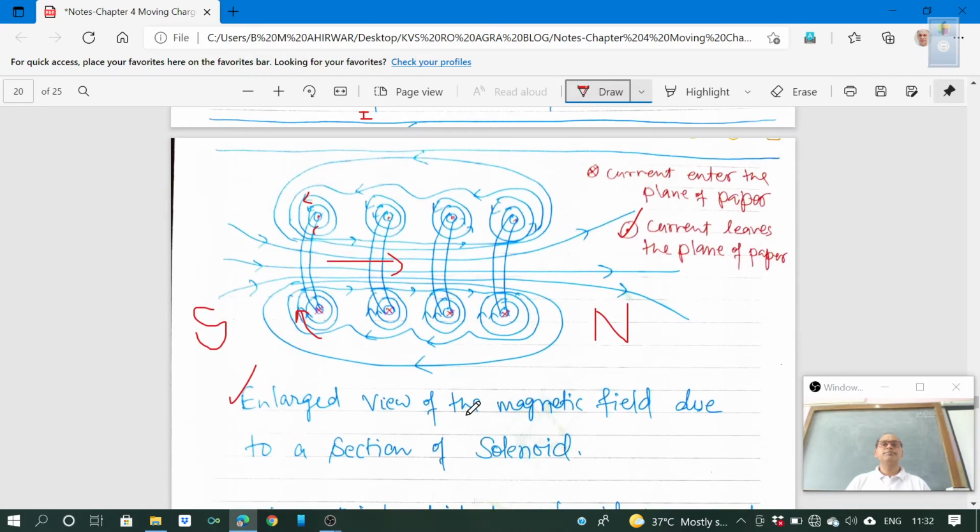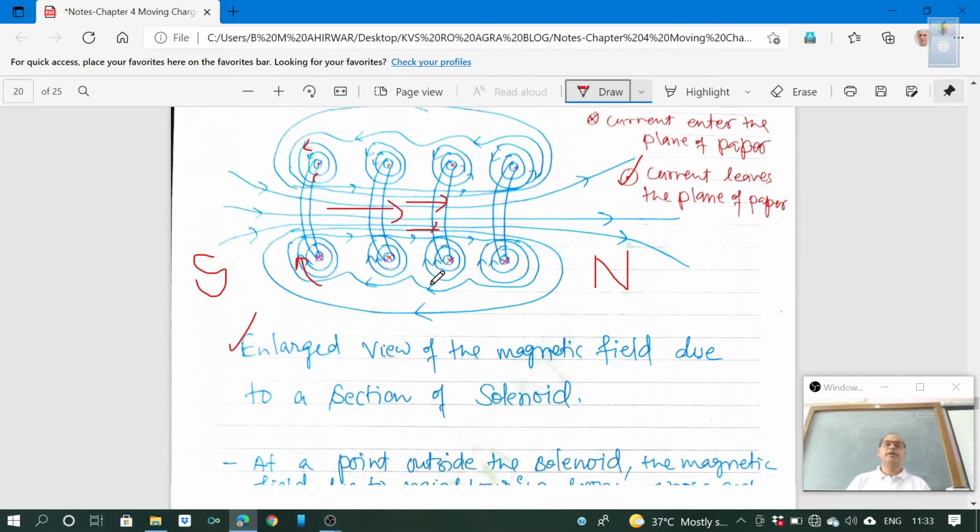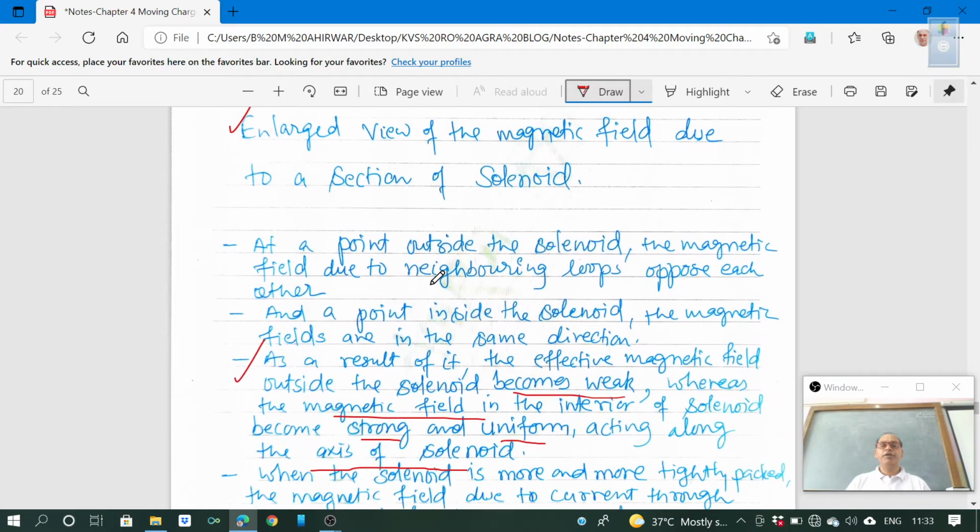You can see the direction of magnetic field lines in the solenoid is the same, so the magnetic field intensity in the interior of the solenoid becomes very strong and uniform.